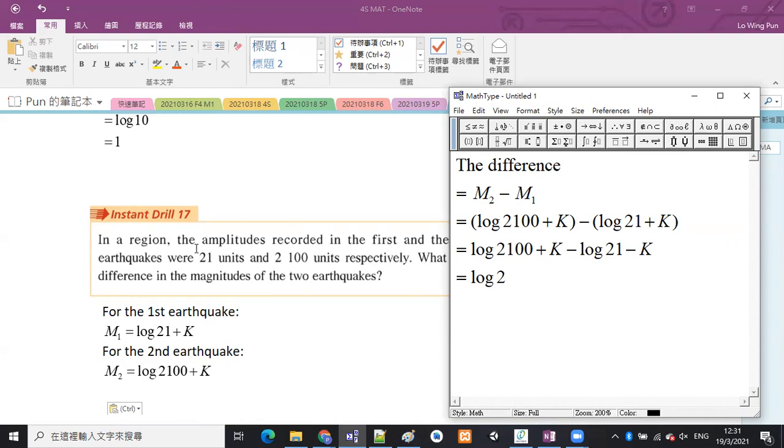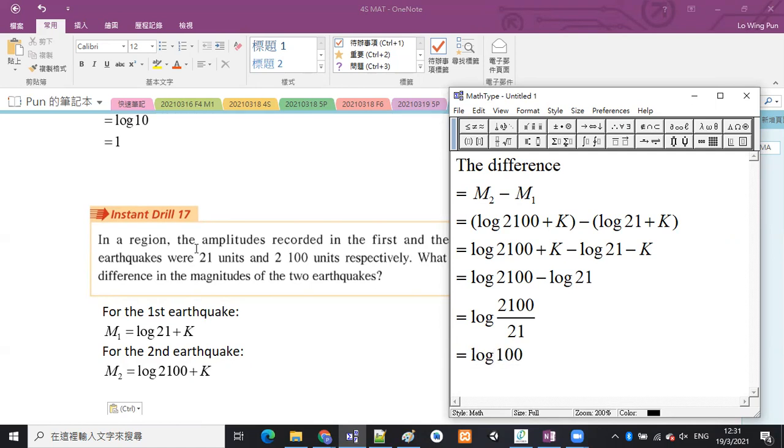So what is remaining is the difference between two logs. Log M minus log N can be simplified to be log M over N. 2,100 divided by 21, which is simplified to be log 100.